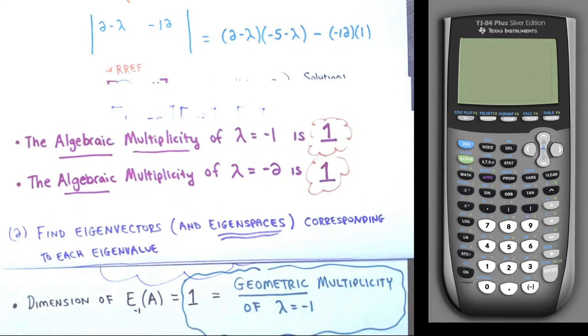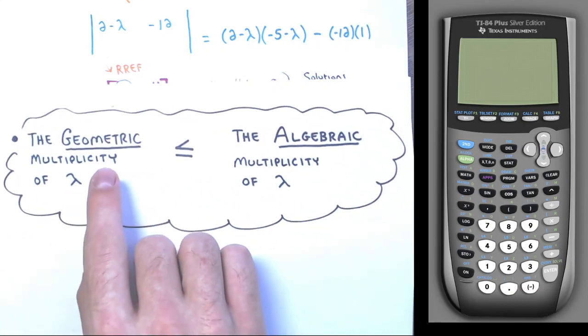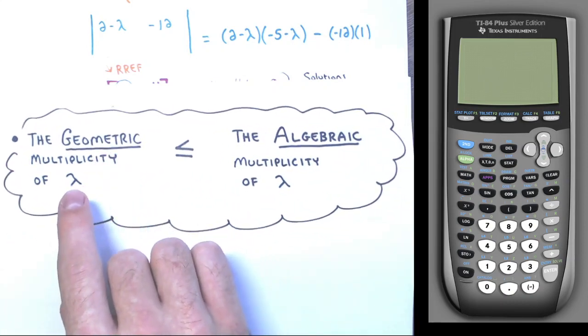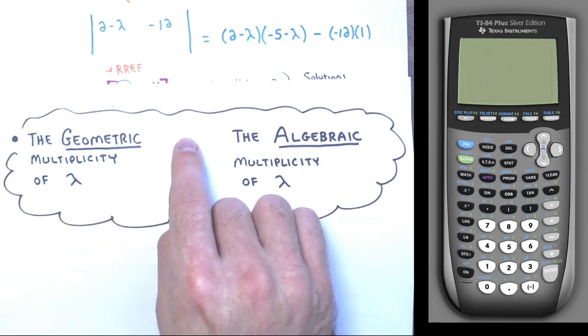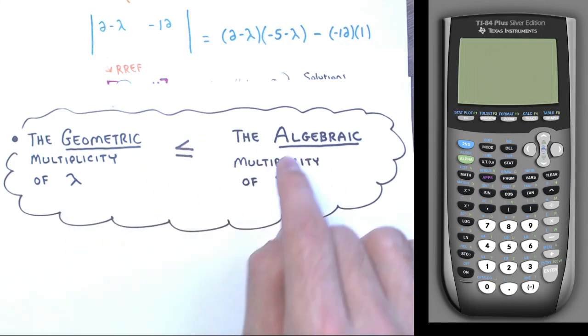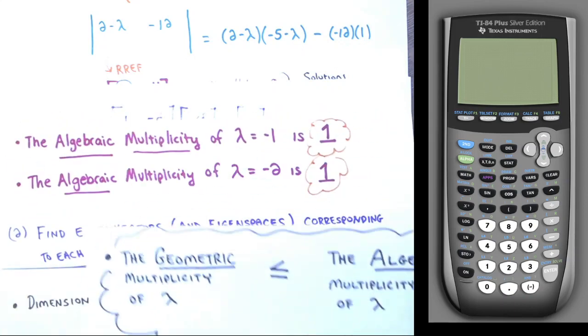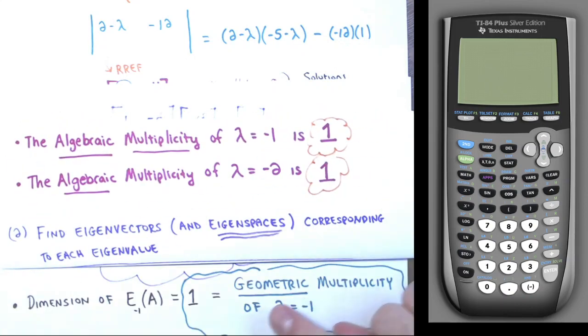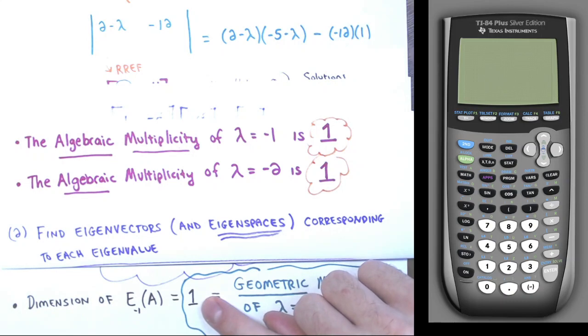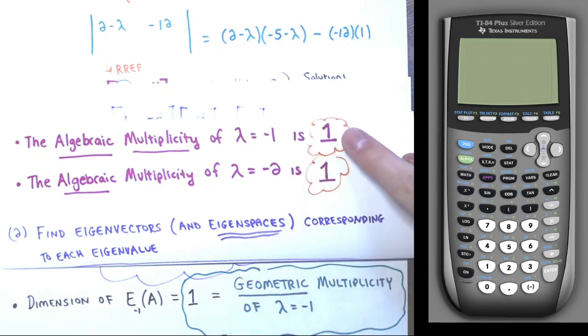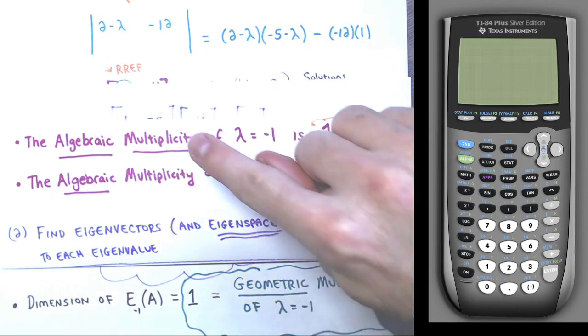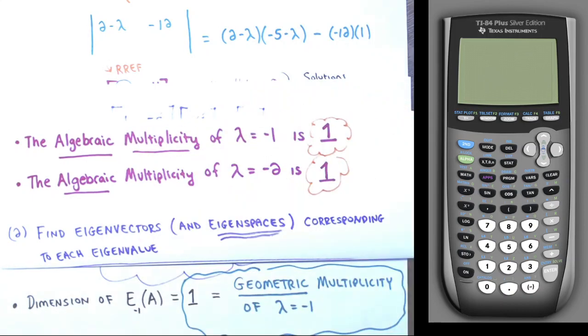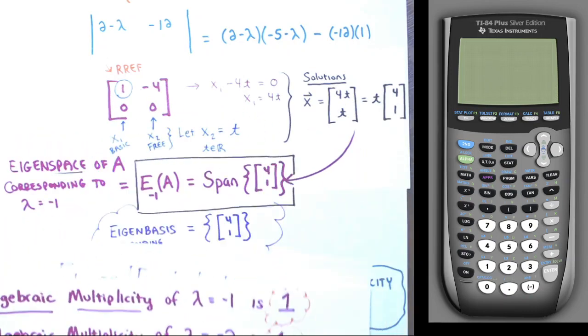And as I said, that should happen. They're not always going to be equal, but remember this statement earlier. The geometric multiplicity of an eigenvalue should be either less than or equal to the algebraic multiplicity. And we are seeing that happen here. 1 is less than or equal to, it's actually equal to 1. All right. So that was for -1.